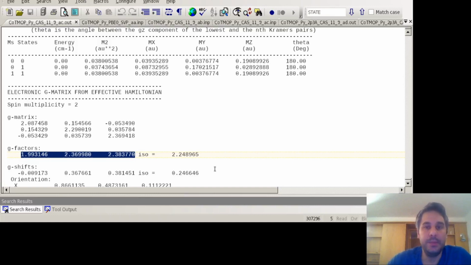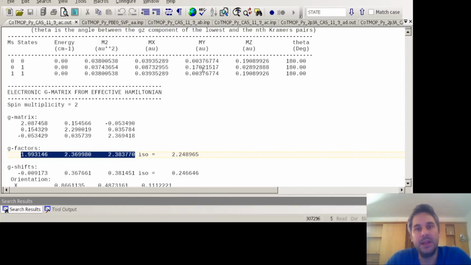So I hope that the procedure of finding the orbitals and rotating them in the active space was clear enough. I recommend that you write down on a piece of paper, even draw or print out the different orbitals when you do a preliminary DFT calculation or a CASSCF calculation, and then you write down exactly which ones are possible candidates for the correct active orbitals, and then try rotating them into the active space.